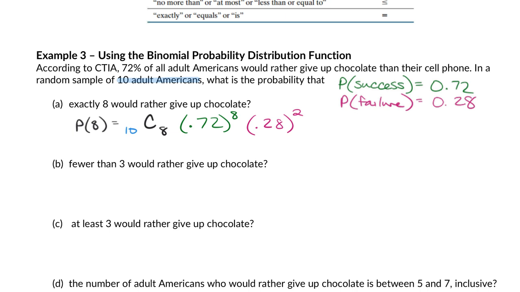Because those exponents have to add up to the number of trials, 10. So that 10 choose 8 is giving me the orange coefficient, or the frequency from our problem before.